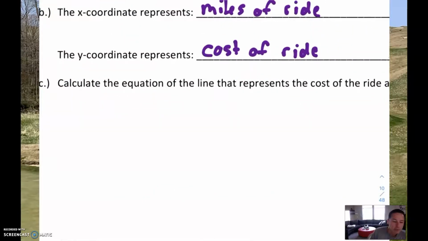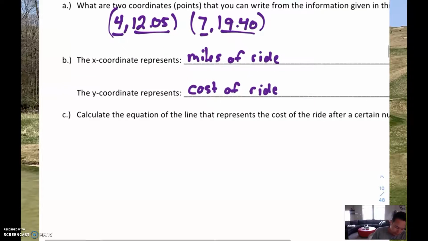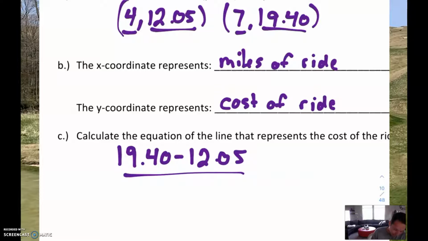And as we've done before, we're going to calculate the equation of this line. So we're going to subtract the y coordinates on top. So we have 19.40 subtract 12.05, and we take 7 minus 4. So subtract the y's, that goes on top. Subtract the x's, that goes on the bottom.